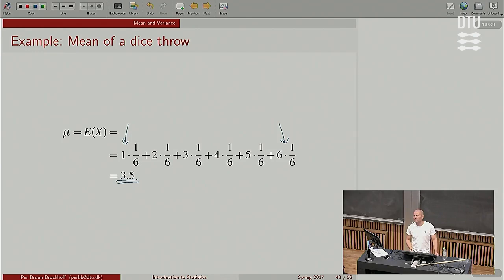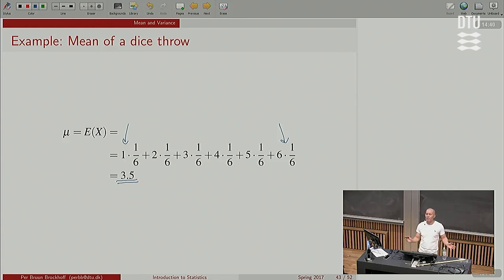Here's of course a little interesting thing about discrete situations. Would we expect most often to see the average outcome when we throw the dice? No. We will never see the outcome 3.5, obviously, because it's a discrete outcome.